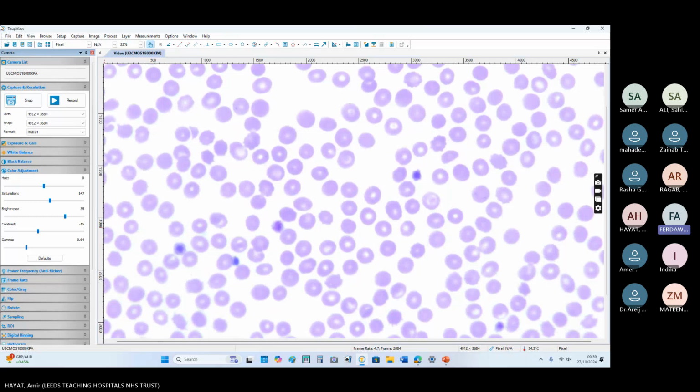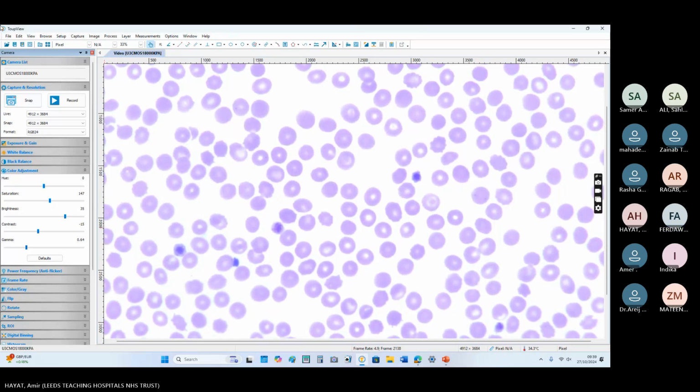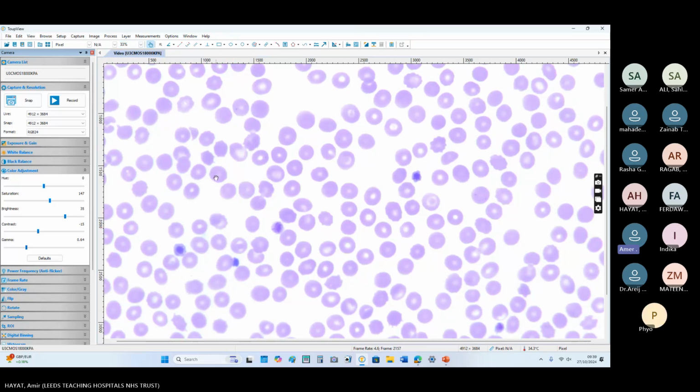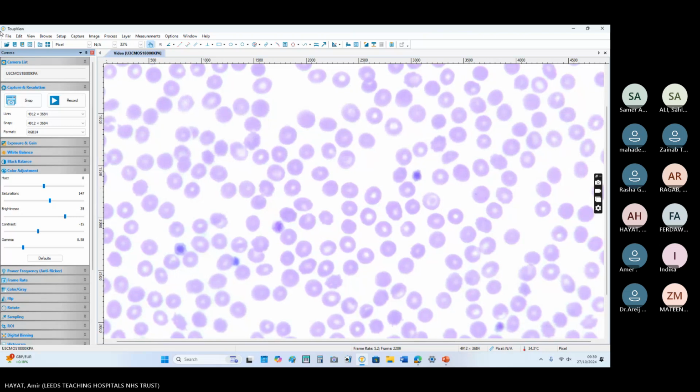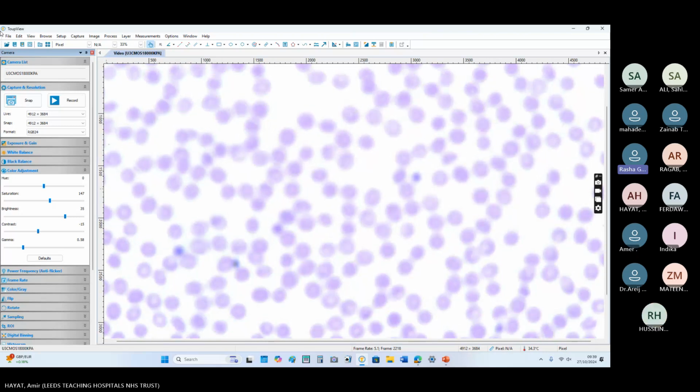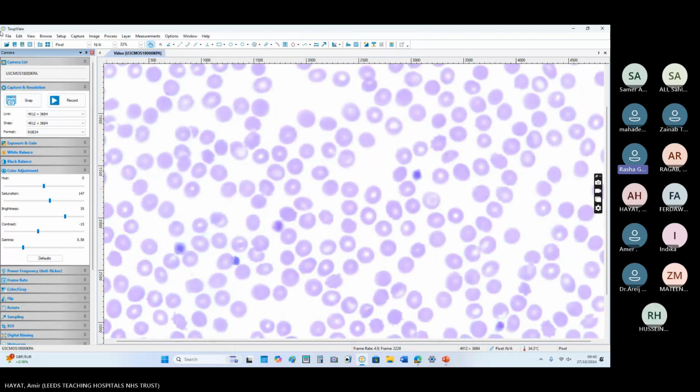I think I can see spherocytes here from this power. Spherocytes, is that right? Spherocytes are very dark in color and small. Okay. So I see large forms of platelets. Large forms of platelets.